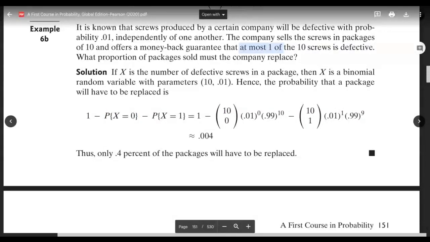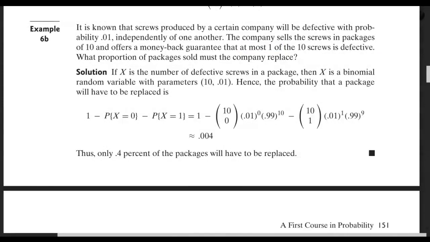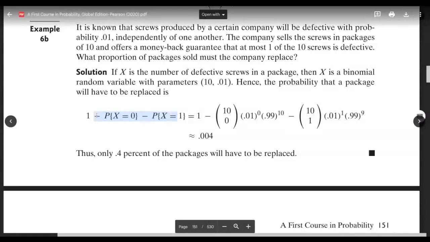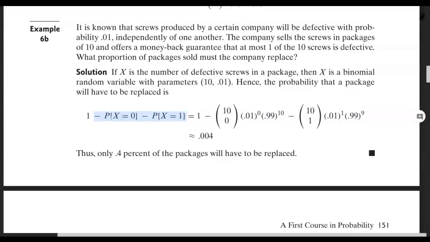At most 1. So just do the complement. No defective or 1 defective, then its complement is at most 1. So 1 minus at most 1. It has to be replaced.